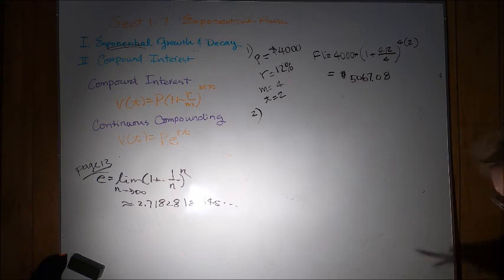Second one, on your page 14, finding present value. It says find the present value of $5,000 to be paid 8 years from now at 10% interest compounded semi-annually.